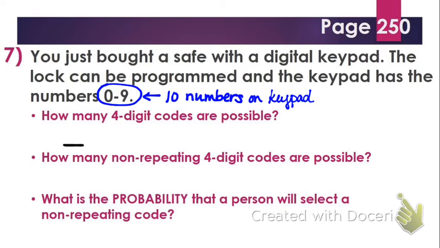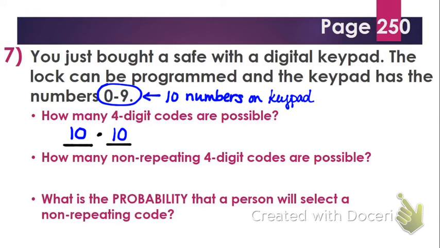So I'm thinking about how many numbers do I have to choose from for the very first digit? I have 10 numbers to choose from. Once I choose, say I choose 6 for the first digit in my passcode, can I make that the second number also if I wanted to? Yes. So how many numbers do I have to choose from for the second digit? I still have 10. My number of choices didn't go down. This is different than running a race. Once that first runner crosses the finish line, they can't also win second place.